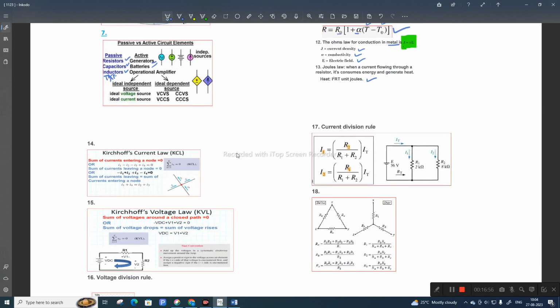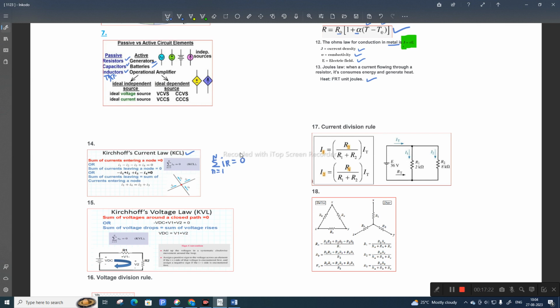Moving ahead, then comes Kirchhoff's current law. These two laws are very important for competitive exams. Here is written the summation of I n, n equal to 1 to n, equals 0.